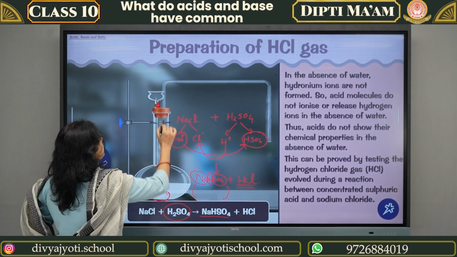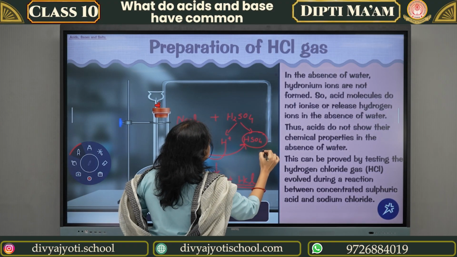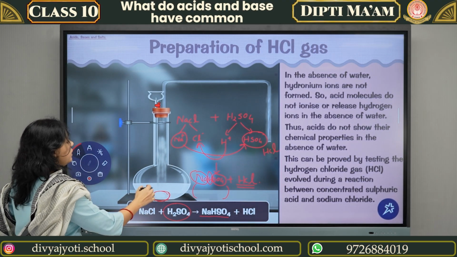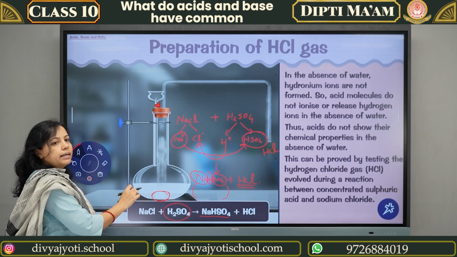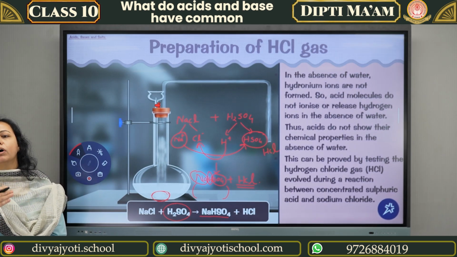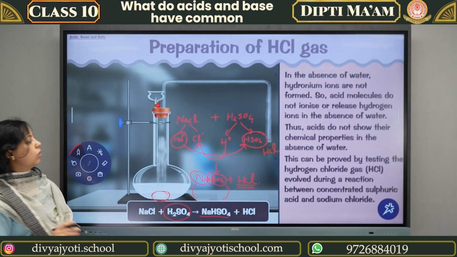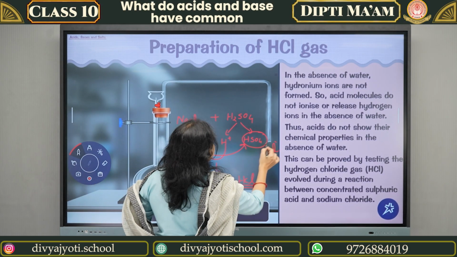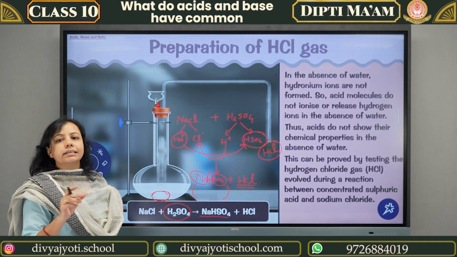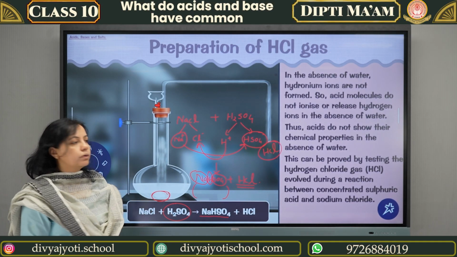That means the gas coming out from this delivery tube is the HCl gas. But here we can observe that when NaCl and H2SO4 react with each other, water particles are not there. Because of this reason, the acid which is produced here is a dry HCl gas. In this HCl gas, the water molecule is not present.